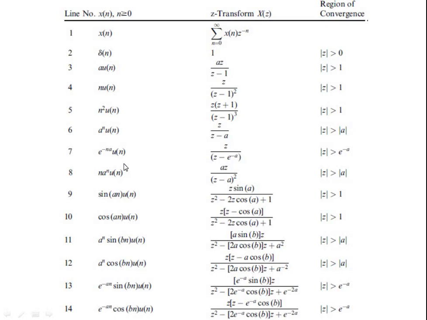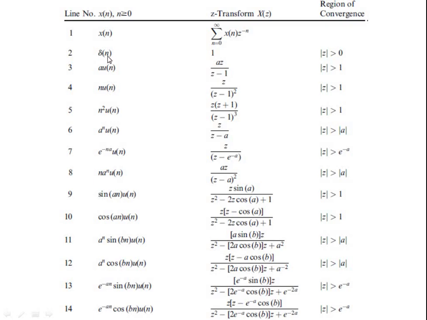The first 8 sequences are very important for solving both Z transform as well as inverse Z transform, particularly inverse Z transform, because it is very important as far as Anna University examination is concerned. We can expect inverse Z transform questions in part B, so we have to keep these sequences in mind.